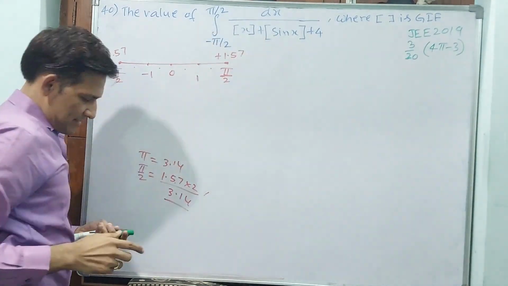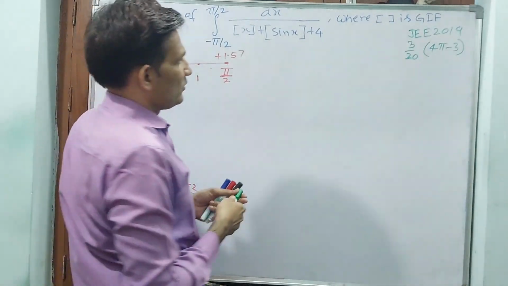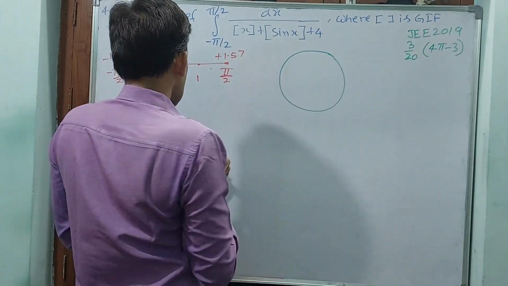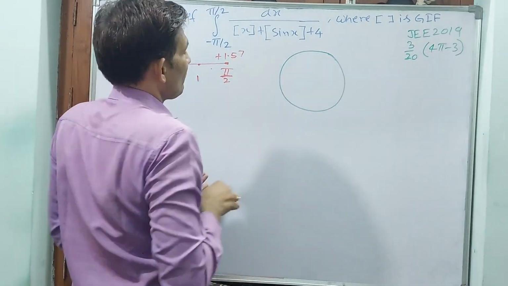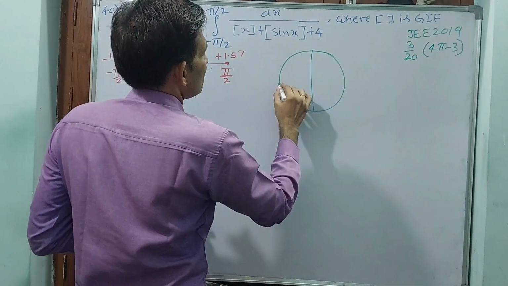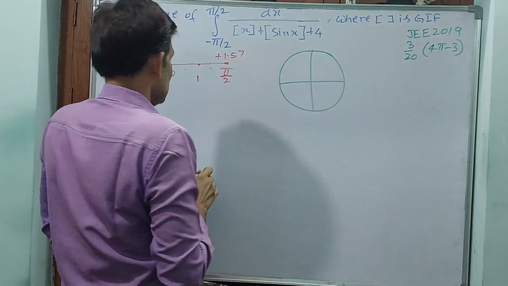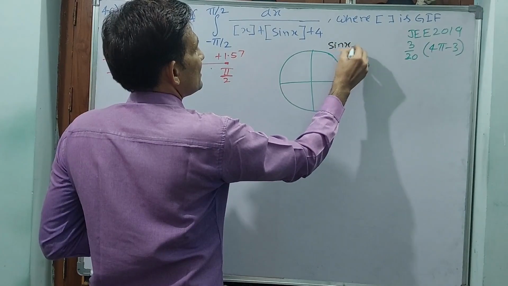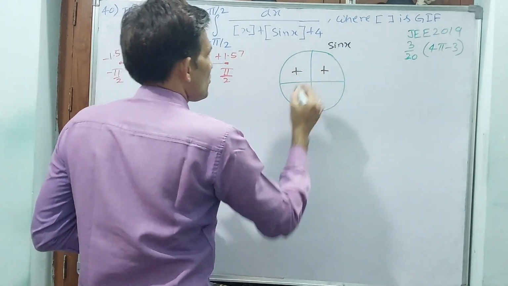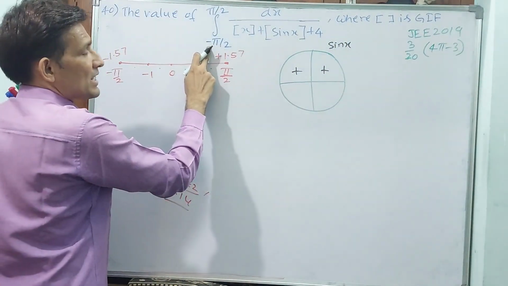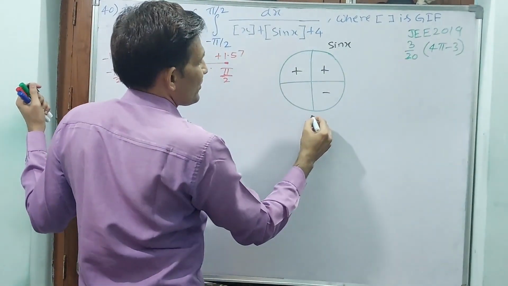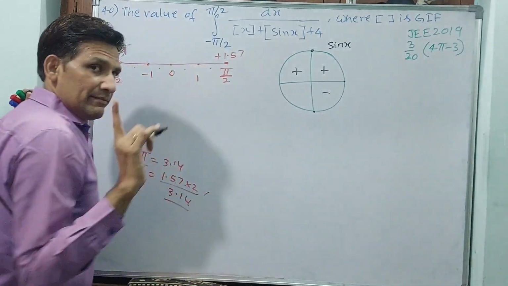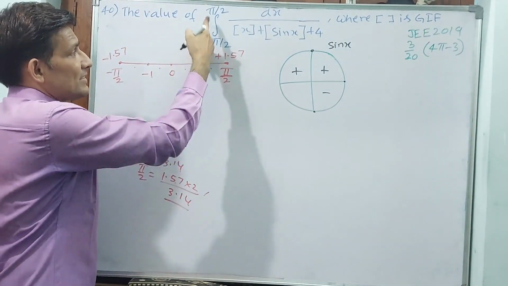What about sin x? That also I have to write. Let me write this also. I am writing sin x. Okay, see, these are the positive values. We are given minus pi by 2 to plus pi by 2, so this is minus pi by 2, this is plus pi by 2, this is 0, we know very well. But we don't take these.